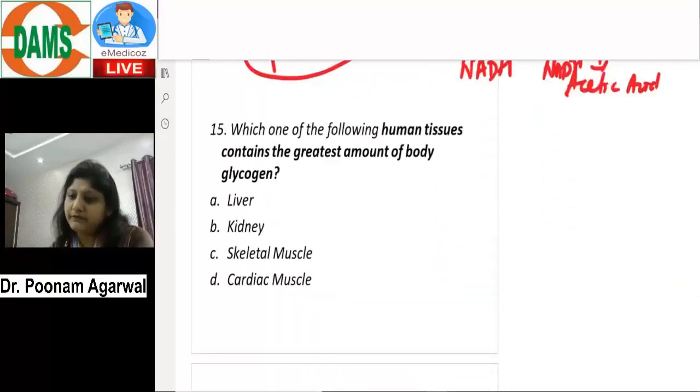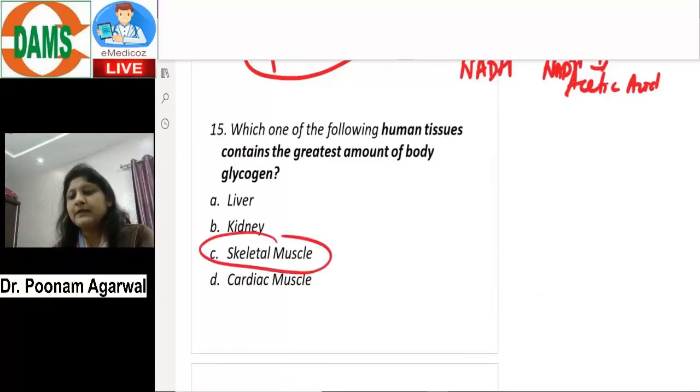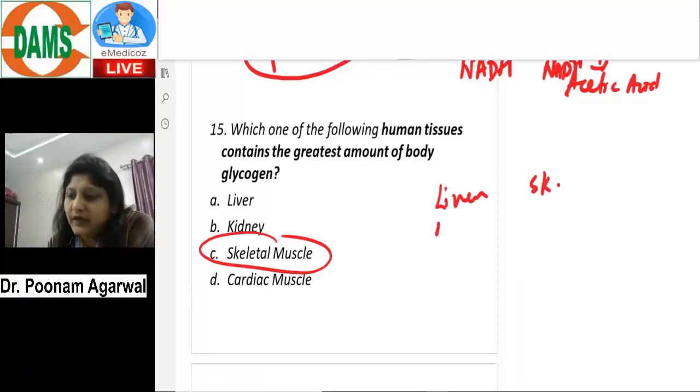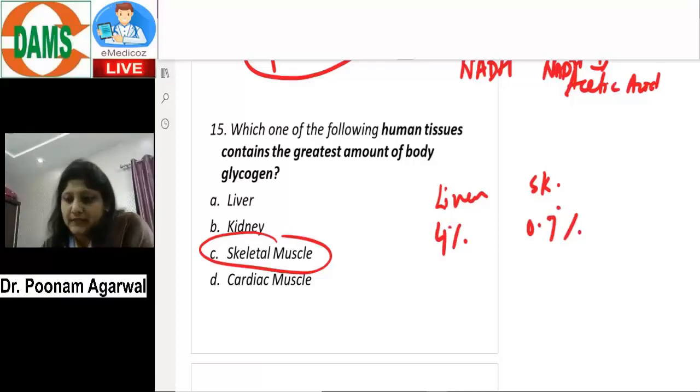Now coming to question number 15, which human tissue is having the greatest amount of glycogen? And the answer is going to be skeletal muscle. See, when we talk about percentage-wise accumulation of glycogen, 4% of glycogen is stored in liver and only 0.7% is stored in skeletal muscle.